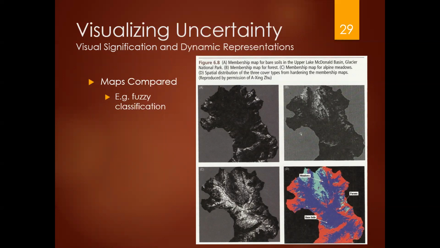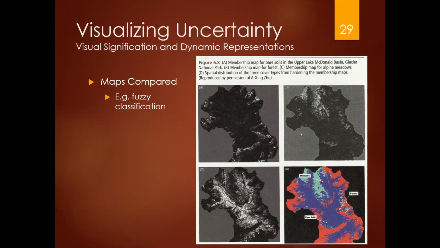In traditional classification methods, a forest is a forest. It's a yes or no. But fuzzy classification is different. In fuzzy classification, each pixel is given a specific value called a membership value. The higher the membership value, the higher the probability that this pixel belongs to a specific land cover type.